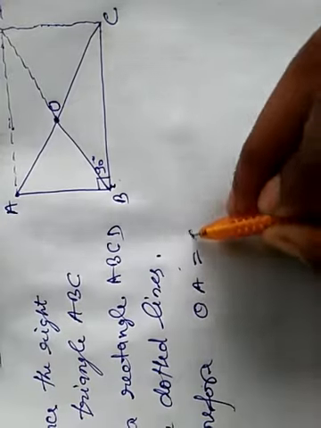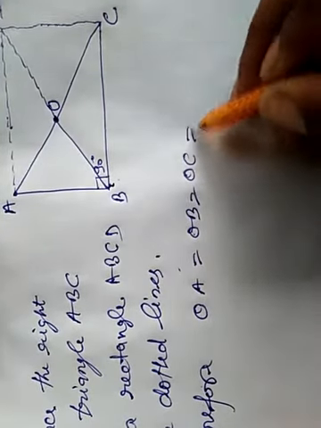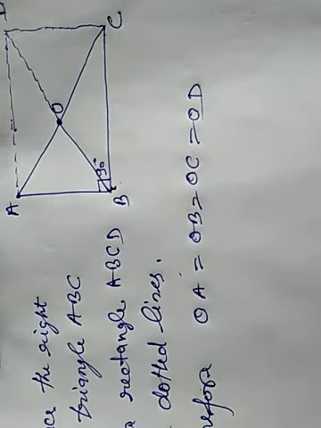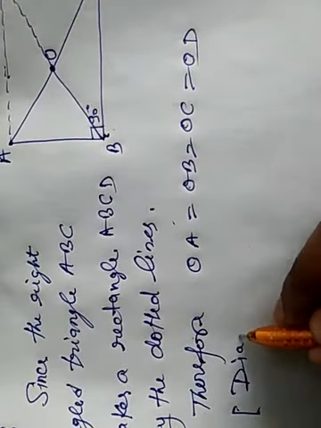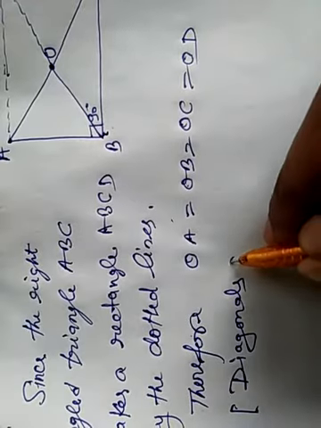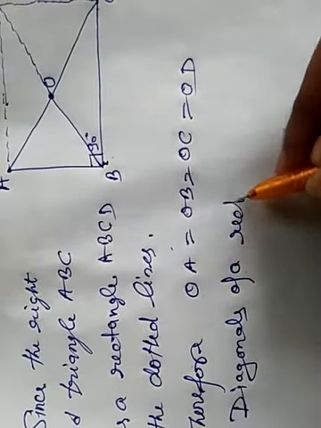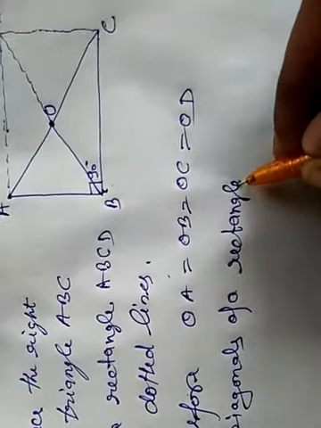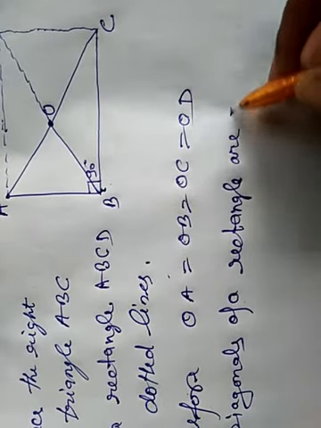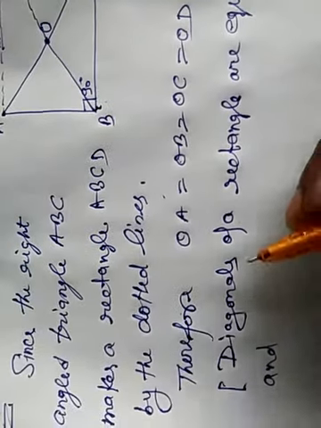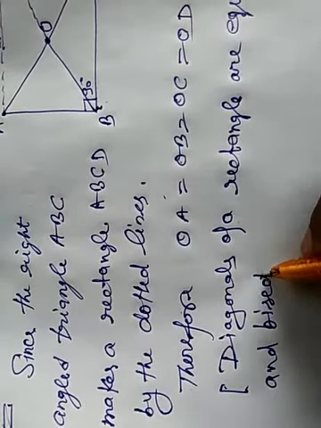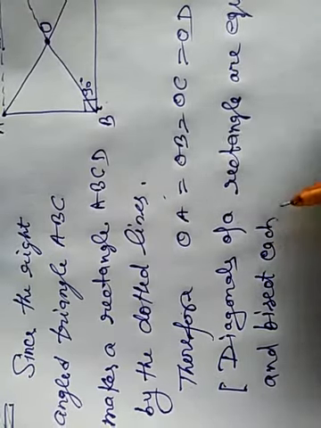Therefore OA equals OB equals OC equals OD. You know very well, diagonals of a rectangle are equal and bisect each other. आप लिख सकते हैं कि diagonals of a rectangle are equal and bisect each other.